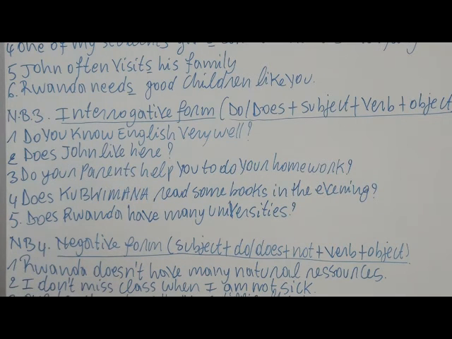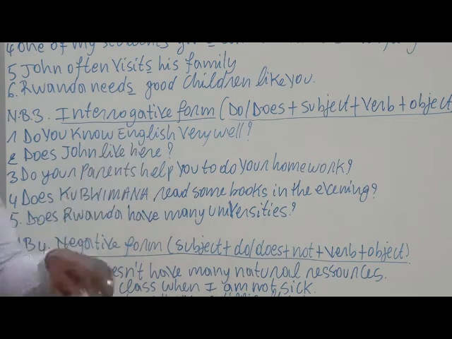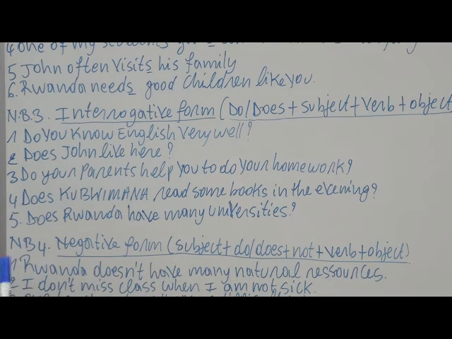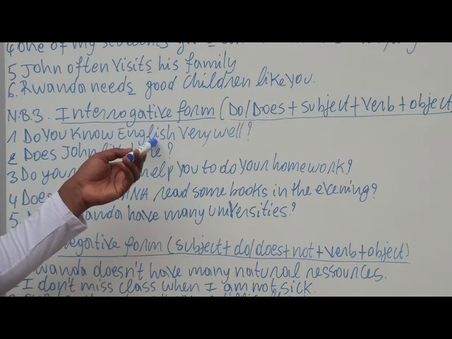Let's see some examples of how to ask questions in simple present. The first sentence: Do you know English very well? If you look at this example, you will see do, which is the auxiliary to do; you, the subject; know, the verb; English, the object.